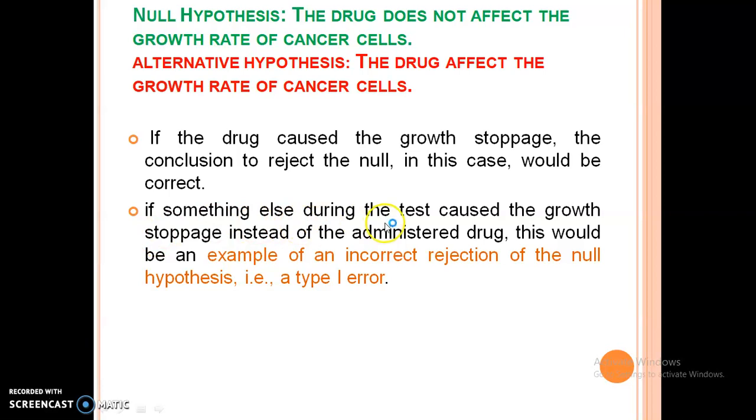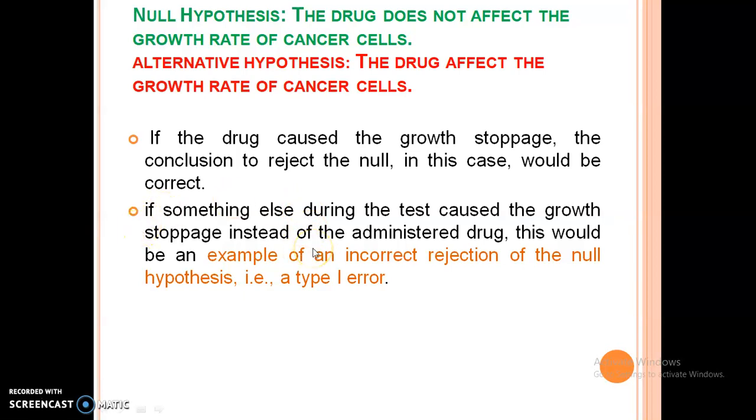If something else during the test caused the growth stoppage, some other reason instead of the administered drug or the new medicine, this would be an example of incorrect rejection of the null hypothesis, which means we are creating a type 1 error. The alternative hypothesis is false but we have accepted it, and the null hypothesis was correct but we have rejected it.